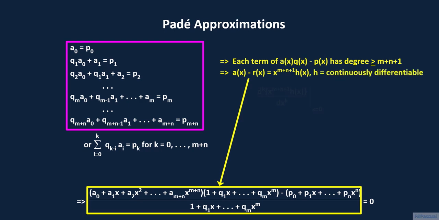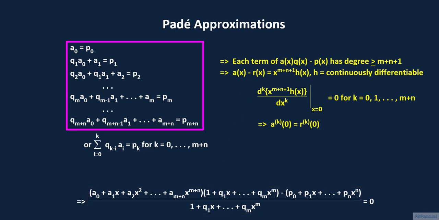One can show that the kth derivative of x raised to the m plus n plus 1 power times h of x is 0 at x equals 0 for k equals 0 to m plus n. We leave the details of the proof of this fact as an exercise for the viewer. And so it follows that the kth derivative of a at x equals 0 is equal to the kth derivative of r at x equals 0.